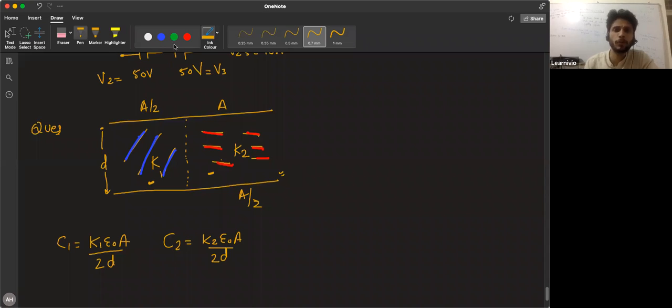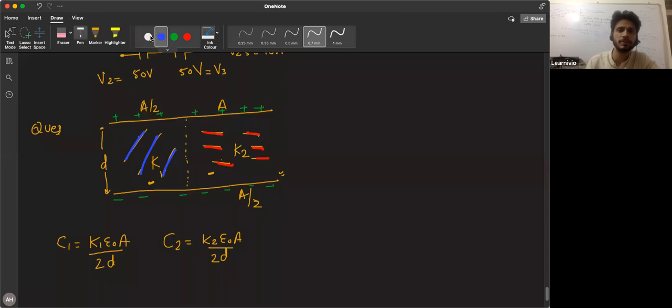To decide, we will give charge to the plates. I give positive charge to the upper plate and negative charge to the lower plate. Now we will see for both the capacitors what type of connection is there. Is the positive plate connected to the positive of the other capacitor, or to the negative?